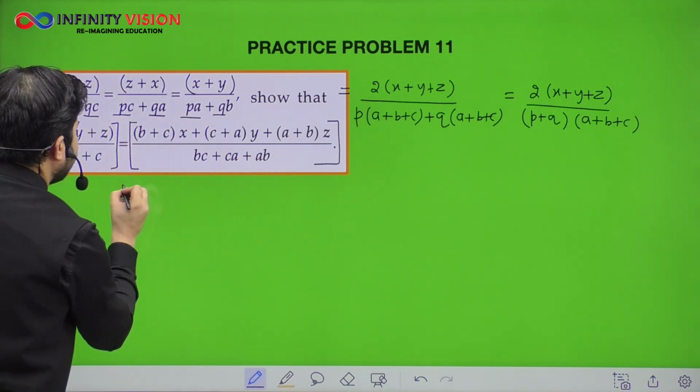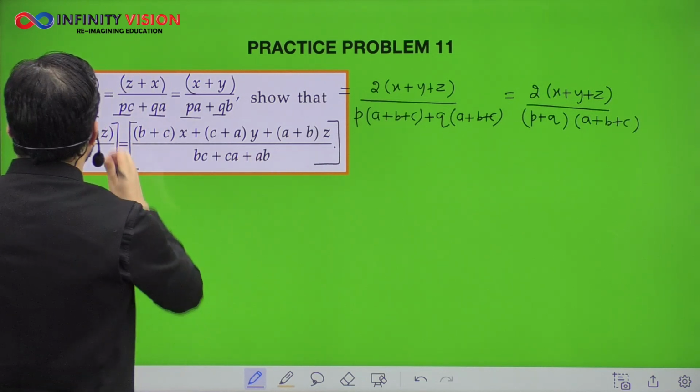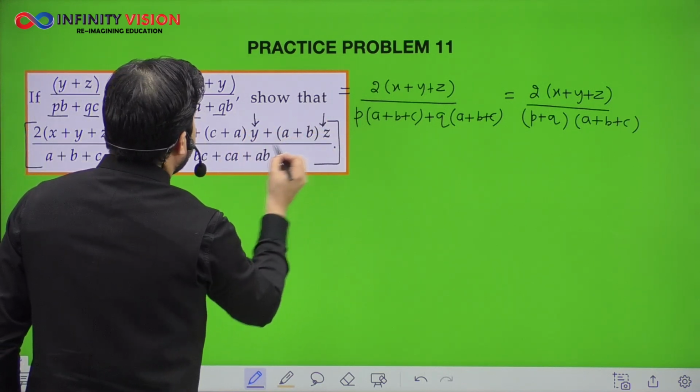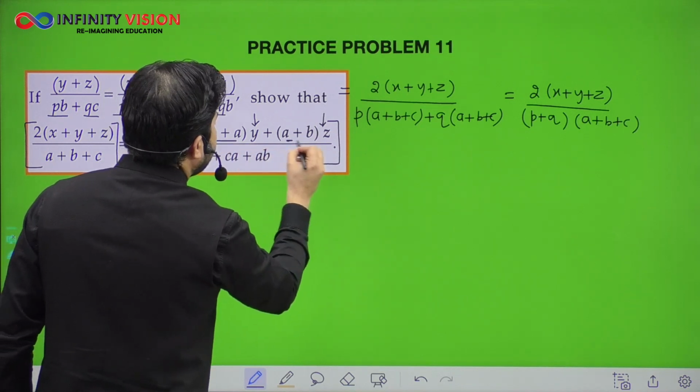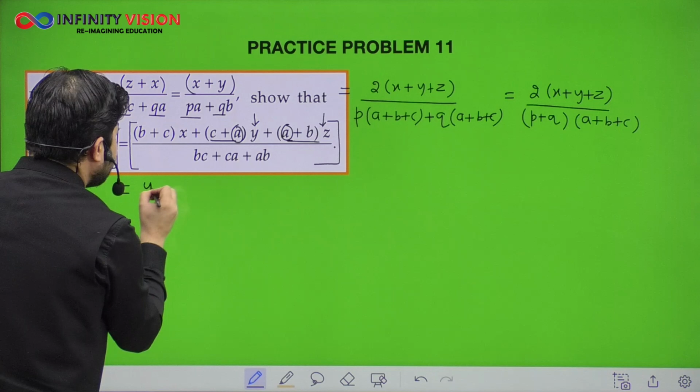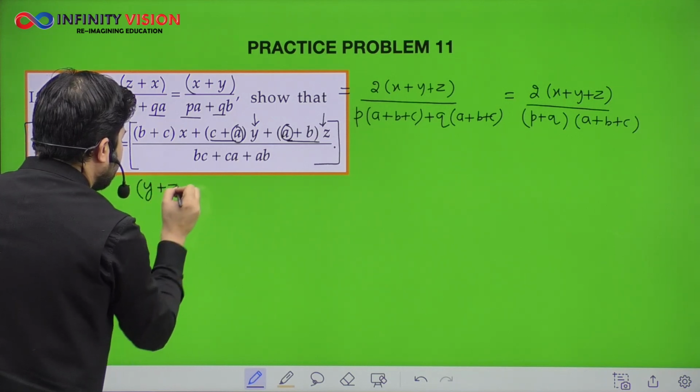So I'll try to rearrange because here I see y plus z. So if I look at y and z, they have c plus a and a plus b, so a being common, I can rewrite it as y plus z into a.